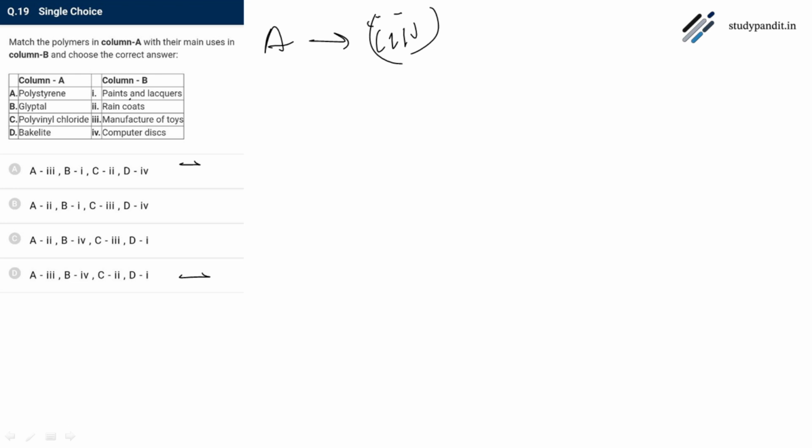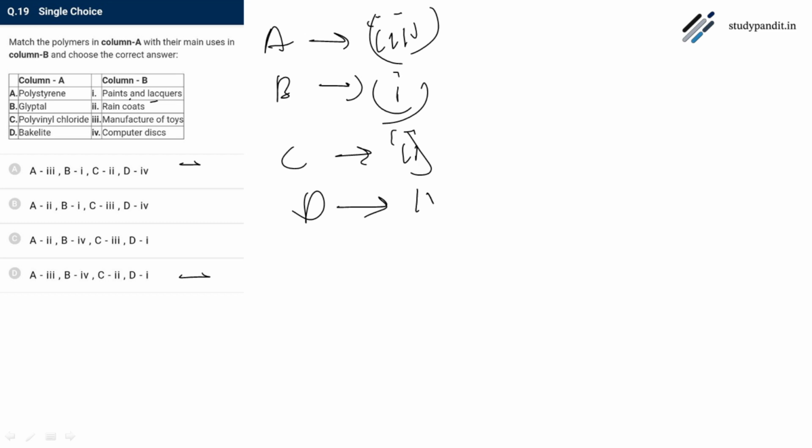So B is 1. Polyvinyl chloride is used in raincoats. So C is 2. And D, bakelite is used in computer disks. It is 4. So the answer is A. This is a theoretical question. You have to read that from the book.